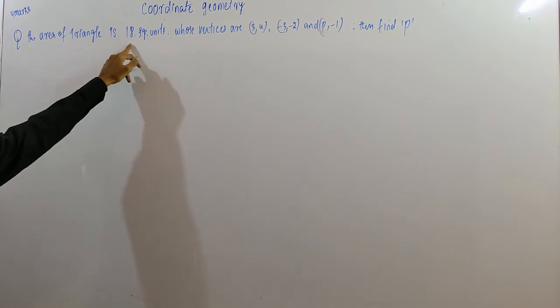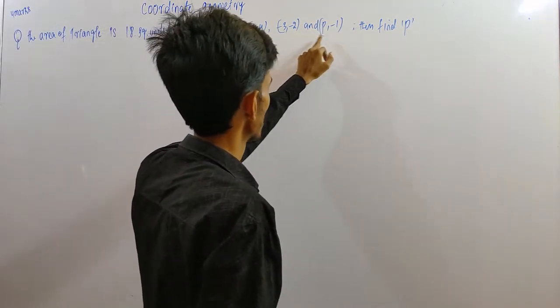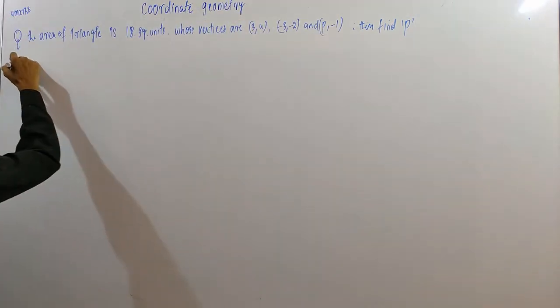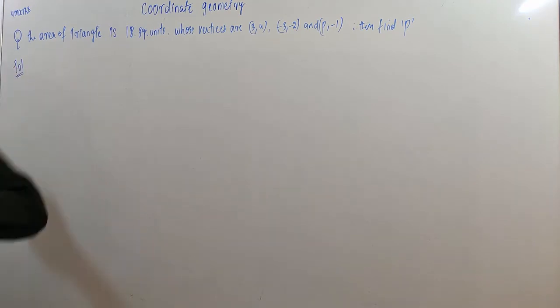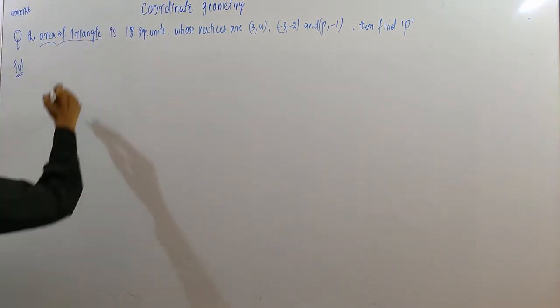The area of a triangle is 18 square units, whose vertices are (3, 4), (-3, -2) and (p, -1). Then find p. For the area of a triangle we have a formula.